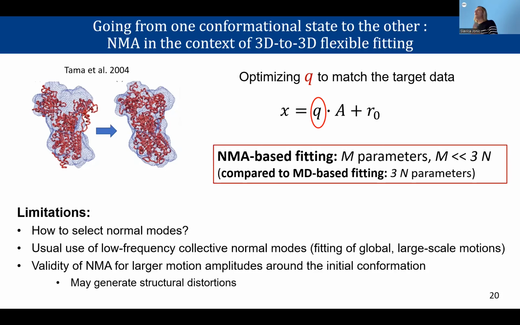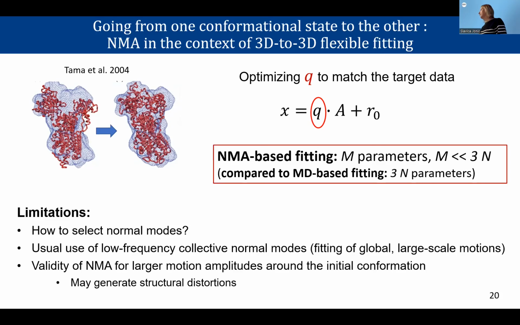And it made sense many years ago, because the resolution in EM was lower, and we did not believe that it was possible to extract very localized motions from these data.